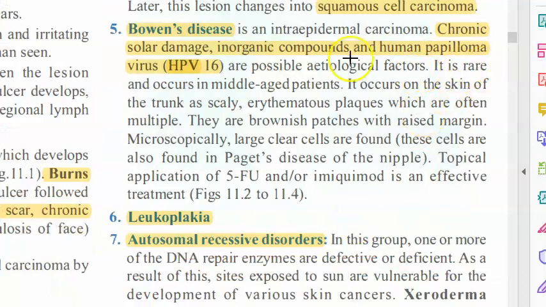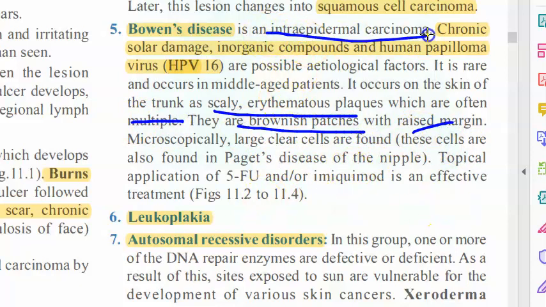So basically what they're saying is if there is chronic solar damage or inorganic compounds, again chemicals, or human papilloma virus, there can be some skin lesions: scaly erythematous plaques, which are multiple, brownish patches with raised margins. So finally what will happen? This will become carcinoma. So Bowen's disease is a pre-malignant condition.